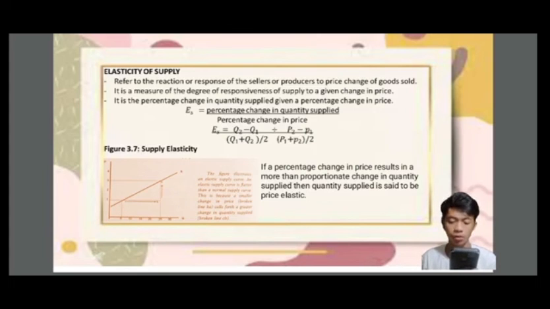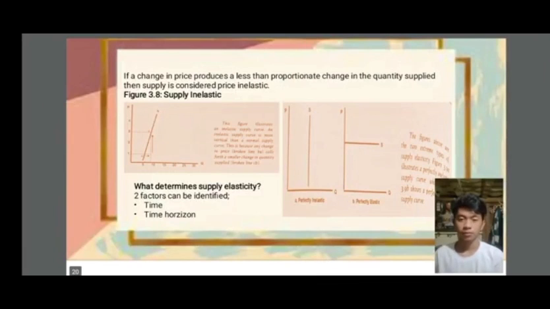So, figure 3.7, supply elasticity. The figure illustrates an elastic supply curve. An elastic supply curve is flatter than a normal supply curve. This is because a smaller change in price, broken line BE, calls for a greater change in quantity supplied, broken line CB.